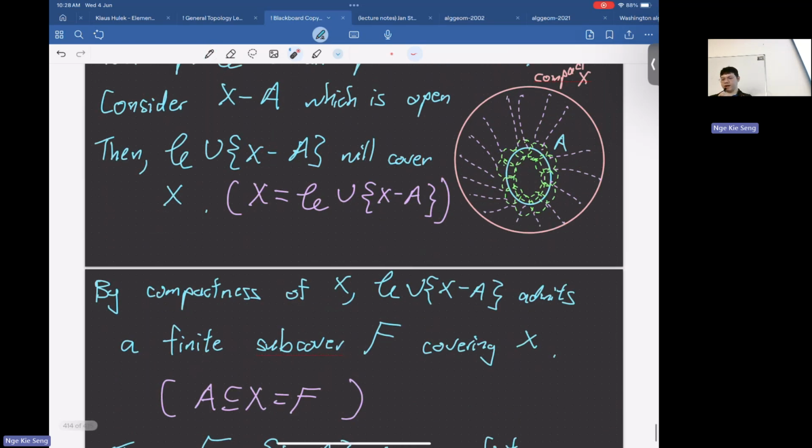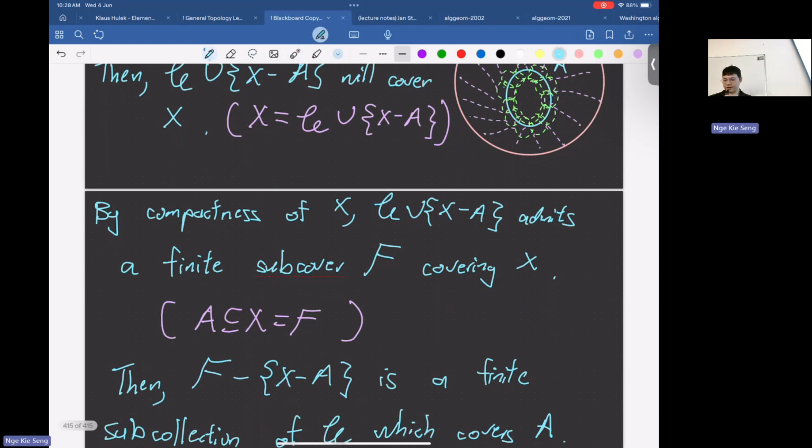I think you can try and show that this equals F intersect C. F is different from C. How is it different? Do you know? A finite subcollection of C.